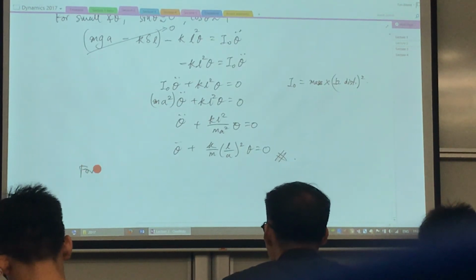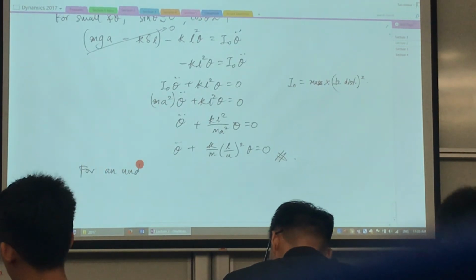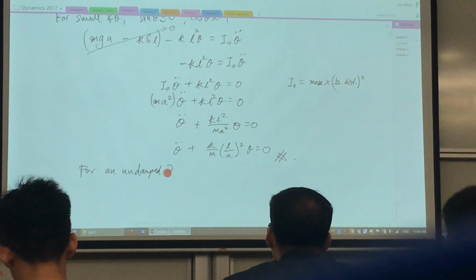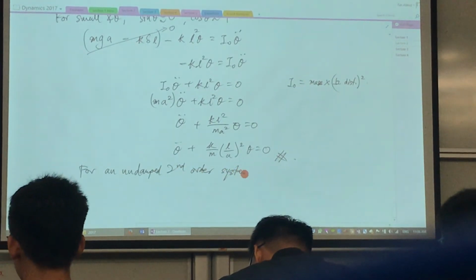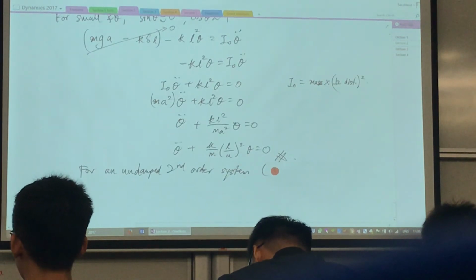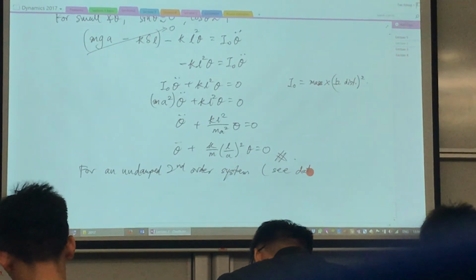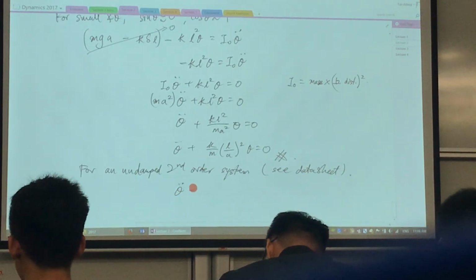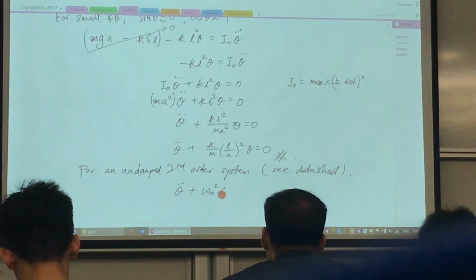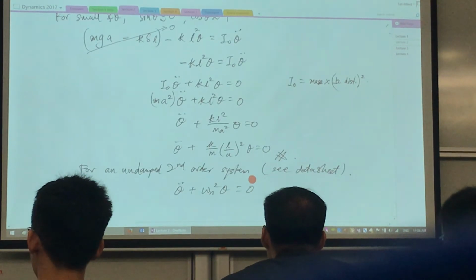Now for an undamped second order system, and you can see this in your data sheet, theta dot dot plus omega n squared theta must have that kind of expression.